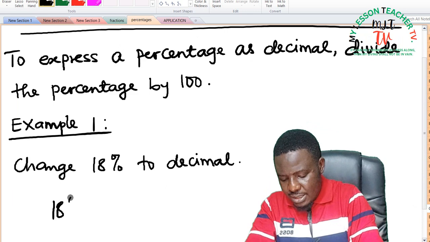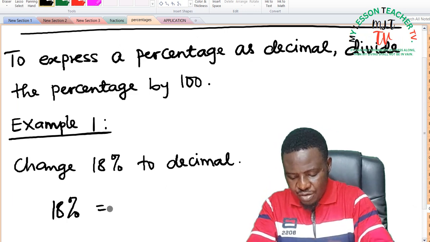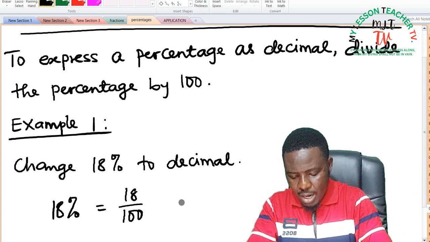Now 18%, we have already said in our previous classes, it means 18 divided by 100.